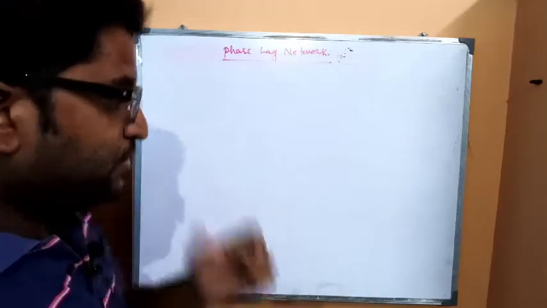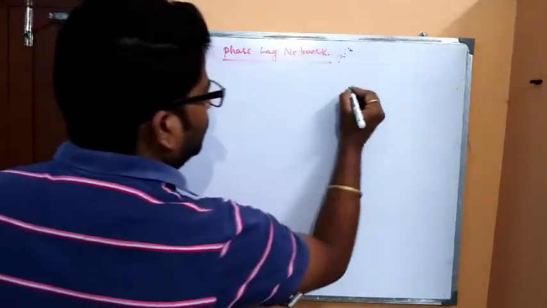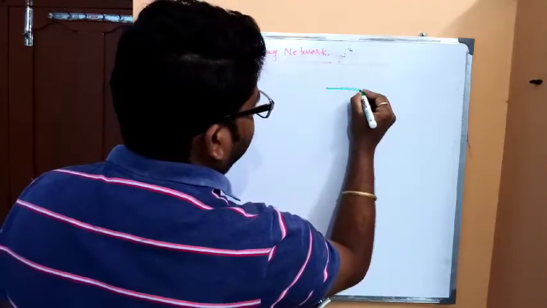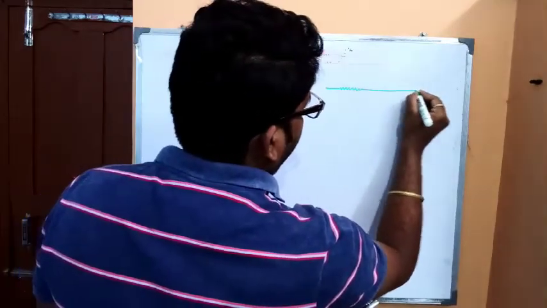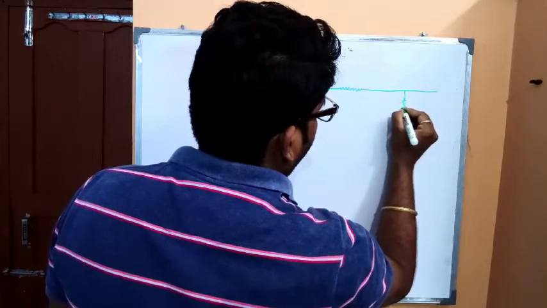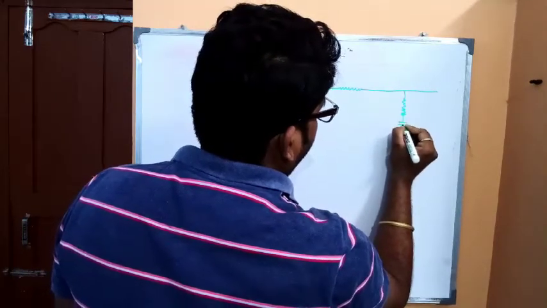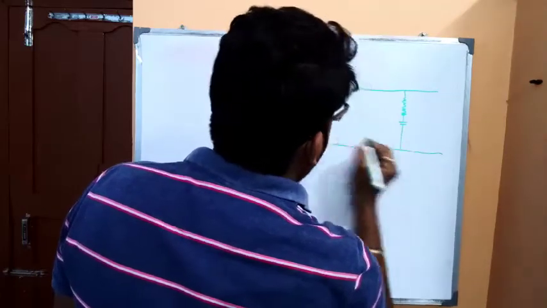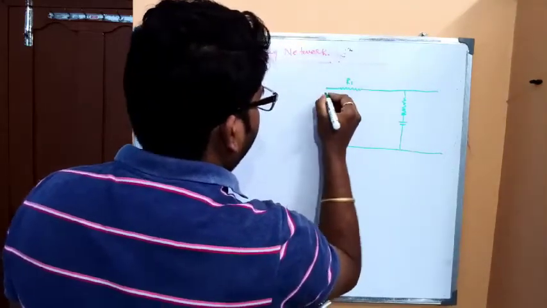likewise the phase lead, here also one electrical circuit is there. This is R1.